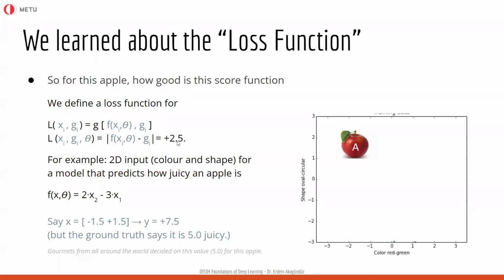And usually this loss, or it's also called cost function in optimization literature, is a value which is smaller the better. Which means if it is 0, well, you're doing perfect. If it is high, if it is positive infinity, well, you're totally not aware of what you're doing. So we are using the loss function to evaluate the score function.